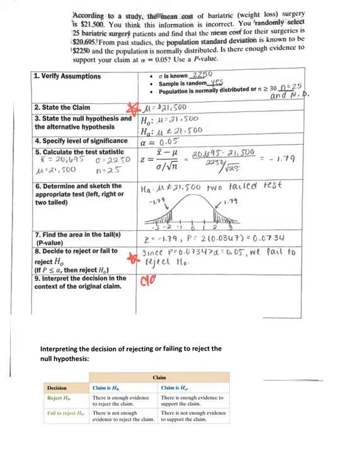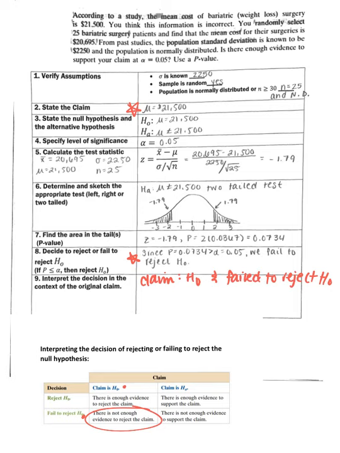So in this case, our claim was the null hypothesis because it was a statement of equality, and we failed to reject the null hypothesis. So we're looking here on this column, claim is null hypothesis, and we failed to reject. So this is how we're wording our interpretation. There is not enough evidence to reject the claim.